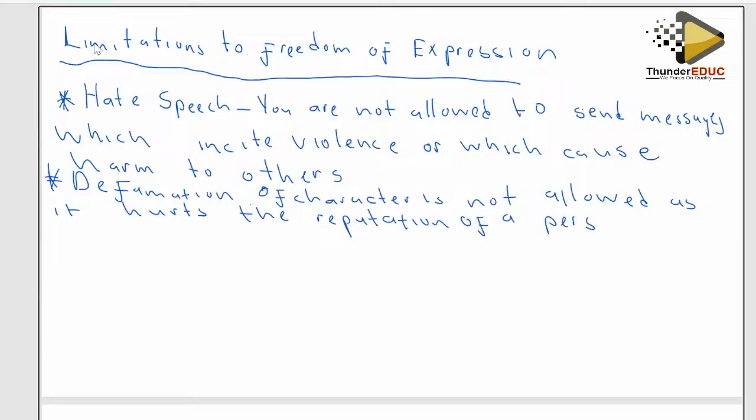For example, spreading false rumors about a particular person, that is also prohibited.